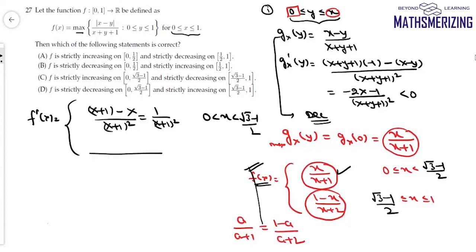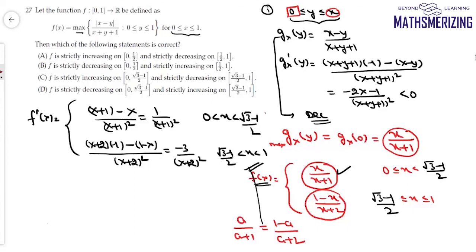And if I differentiate the other one, I'll write x plus 2 whole square in the denominator, x plus 2 into minus 1, and then minus 1 minus x, which is minus 3 upon x plus 2 whole square when x lies between root 3 minus 1 upon 2 and 1.